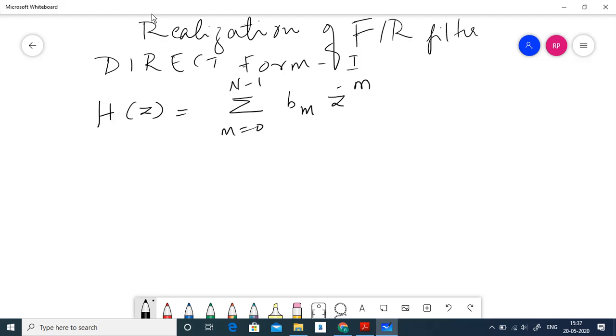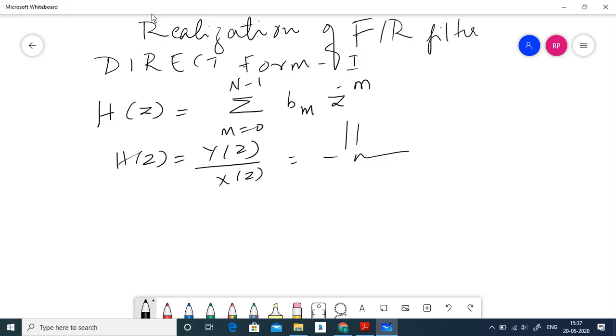And we know that this H(z) can be written as H(z) = Y(z)/X(z), and I'll keep this as it is.